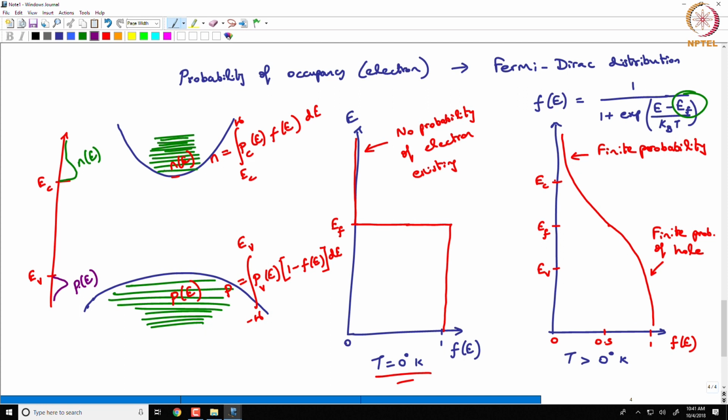So, what are we seeing? What do we see in this structure? What we are seeing first of all in N of E is that you have a higher probability of finding an electron near the band gap, right, but there the density of states is very low, okay.